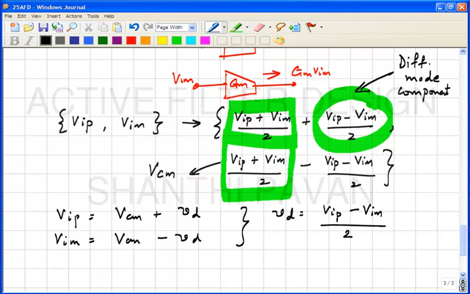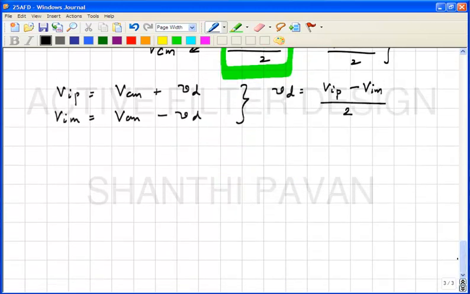Okay, this has got nothing to do with circuits. Any two voltages I can always express as average plus something and average minus something. Yes?